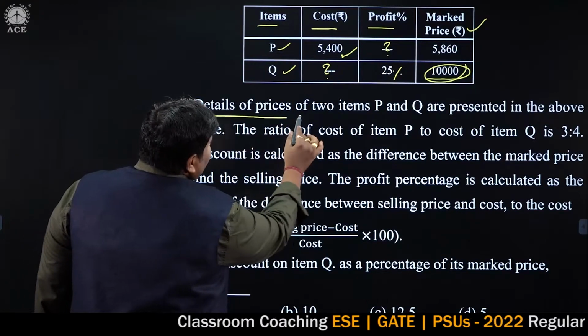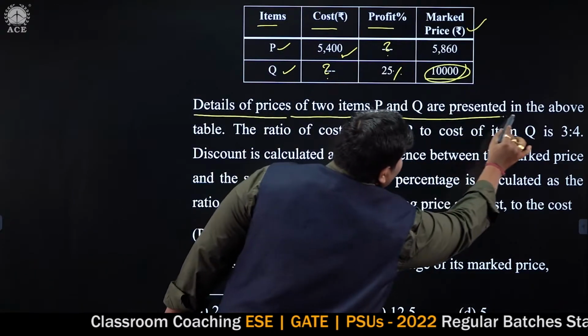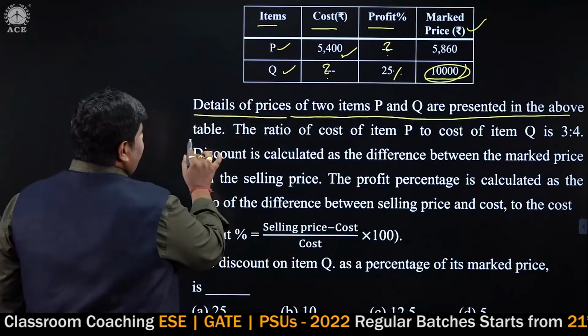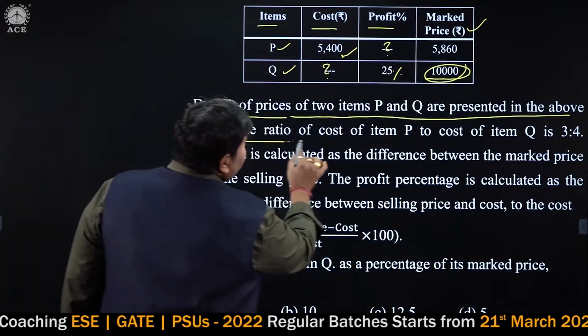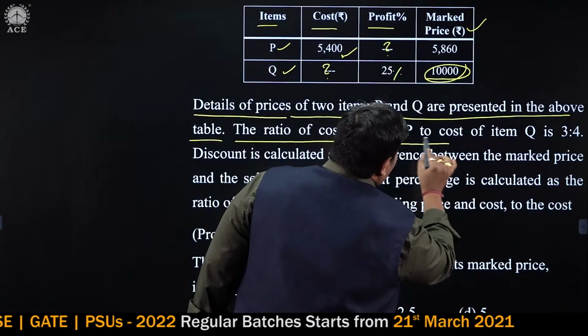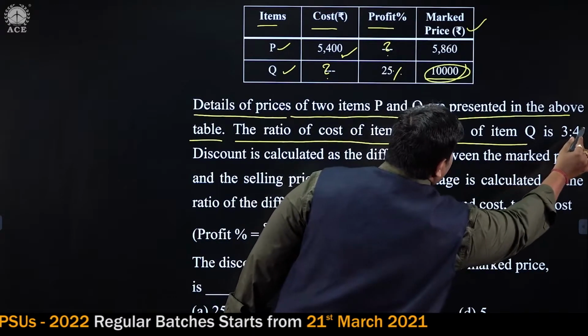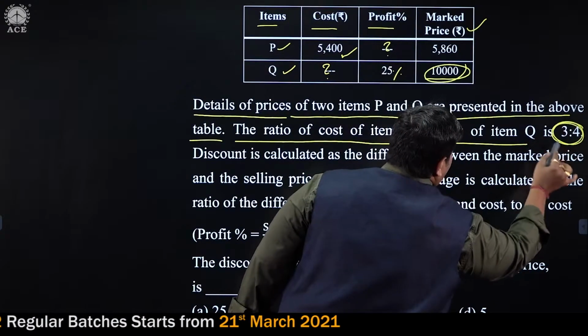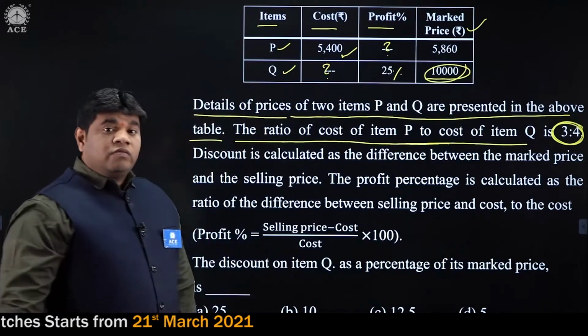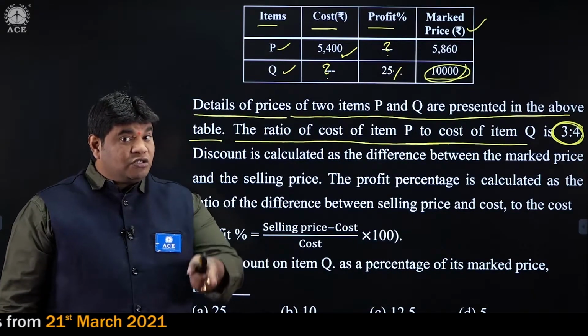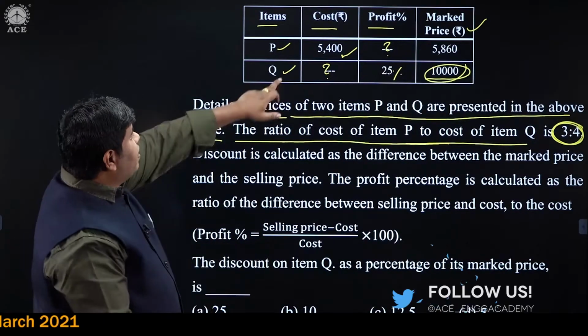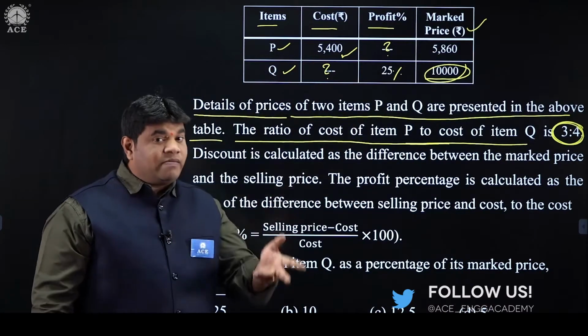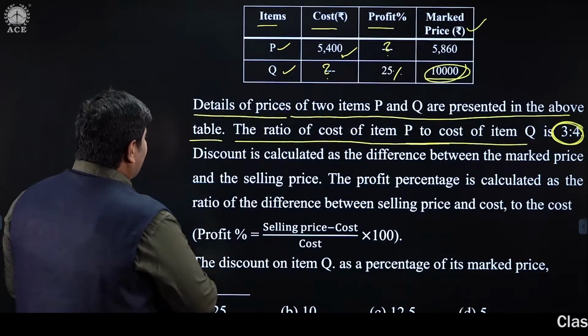Details of the prices of the two items P and Q are presented in the above table. The ratio of the cost of item P to the cost of item Q is 3:4. This is very important. Cost price ratio is 3:4, so 3 parts is 5400. 4 parts is how much? That is the first point.